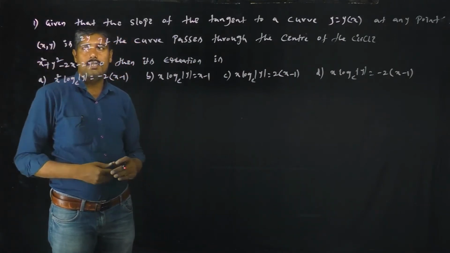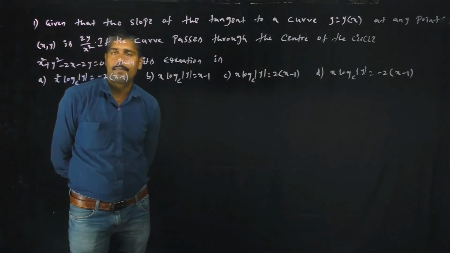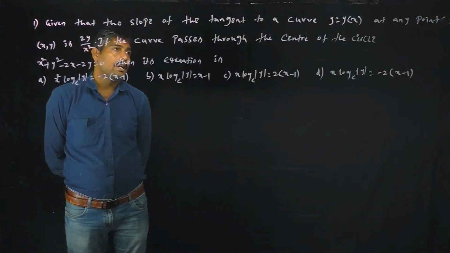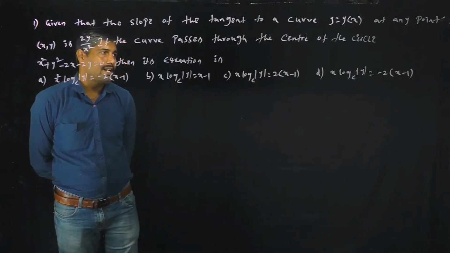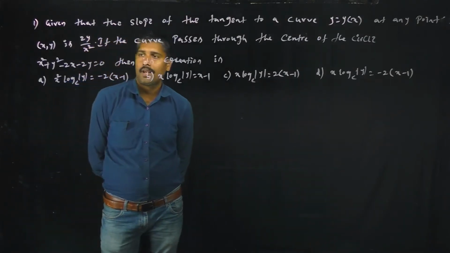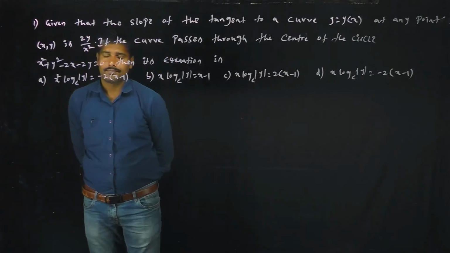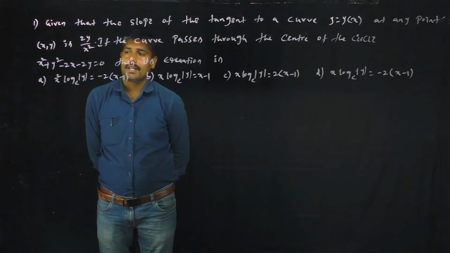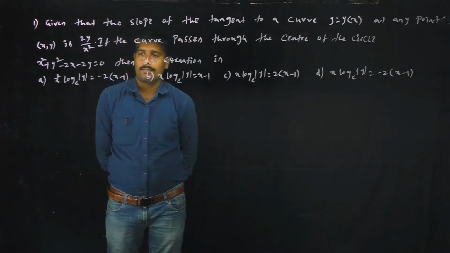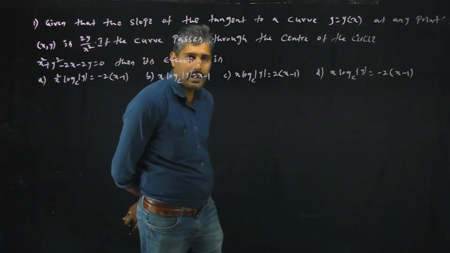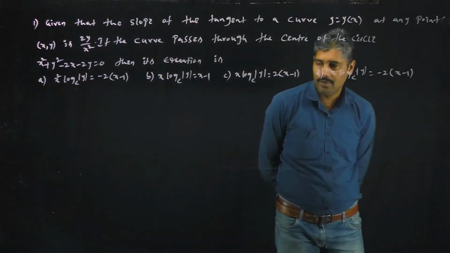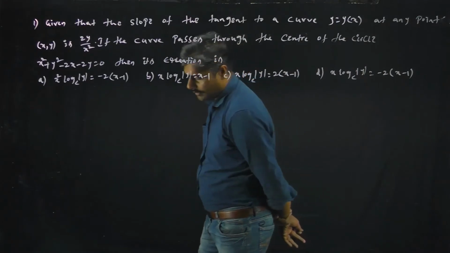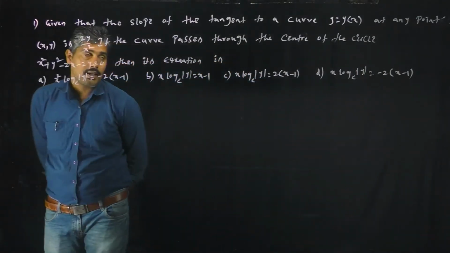The problem is like this: given that the slope of the tangent to a curve y = y(x) at any point (x, y) is 2y/x². If the curve passes through the center of the circle x² + y² − 2x − 2y = 0, then its equation is, and four options are given.